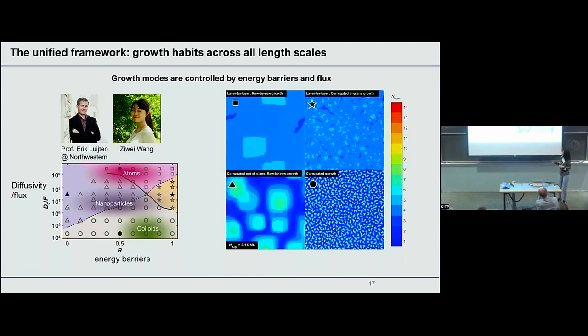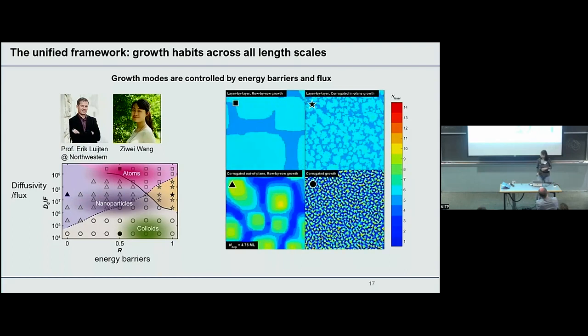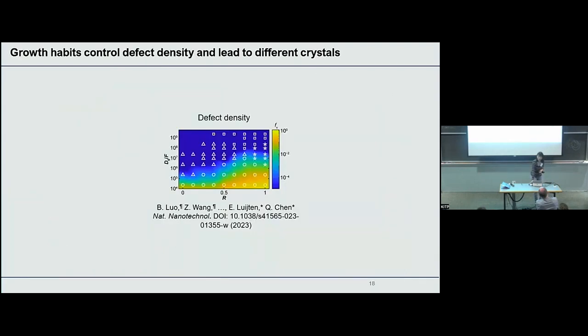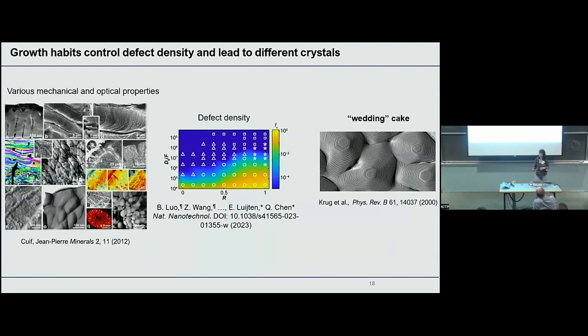And the beauty is that our nanoparticles can sample all 4 different growth habits, which agrees with our experimental observation. This is also the reason we can have huge flexibility in the bulk defect density and the final crystal morphology if we use a nanoparticle building block.